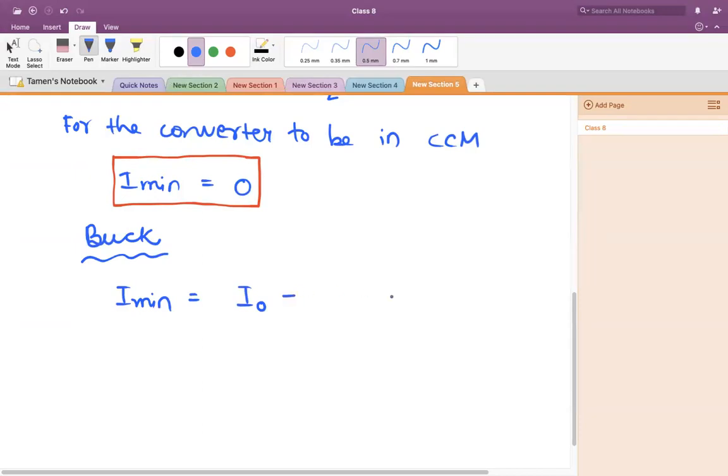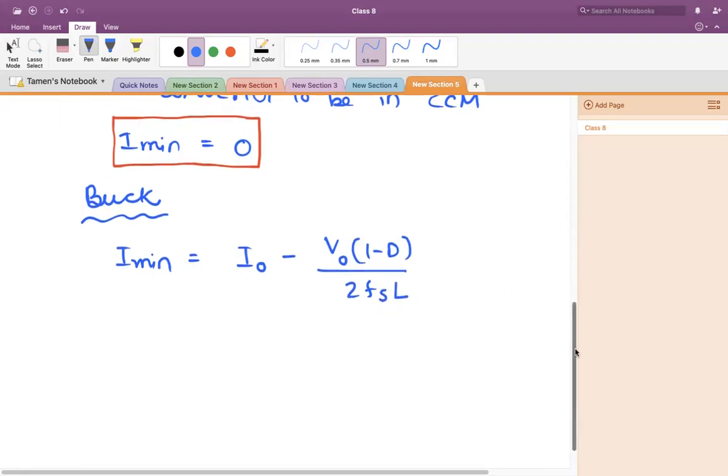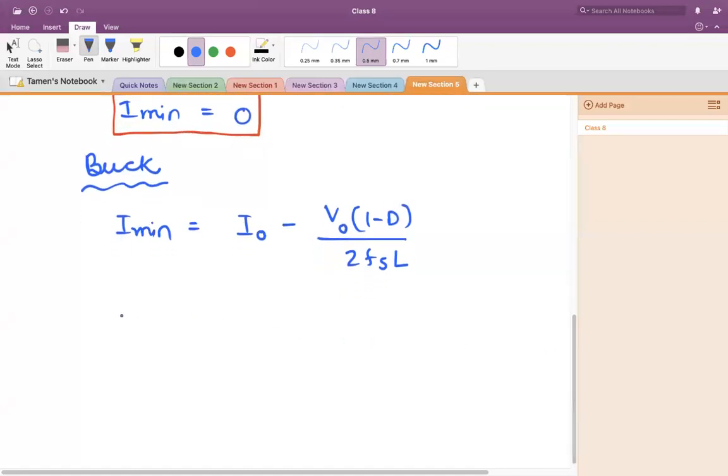And delta IL, the equation, if you look at the previous lecture, I have found out the derivation to be V naught 1 minus D by 2 Fs into L. So for I min to be 0, I naught should be equal to V naught 1 minus D by 2 Fs L.